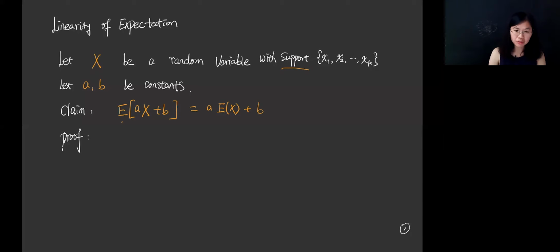Why is this true? Let's prove it starting with the definition of expectation. By definition, expectation equals summation over the support, over all the possible values that x can take, of this function of x times the PMF of the random variable x.